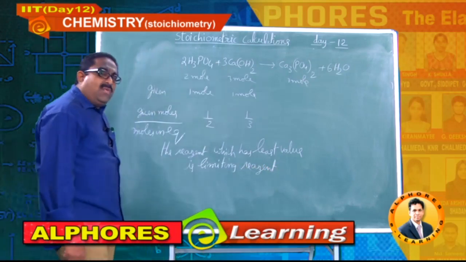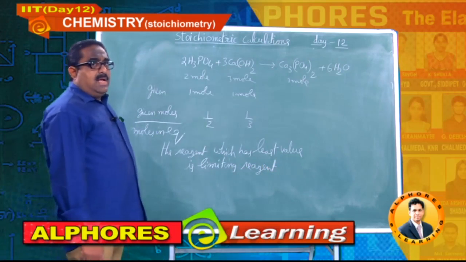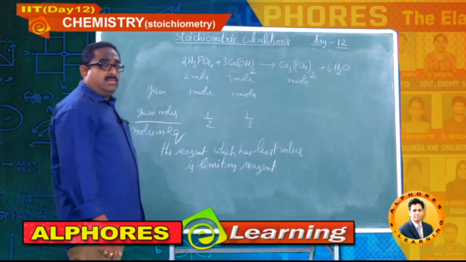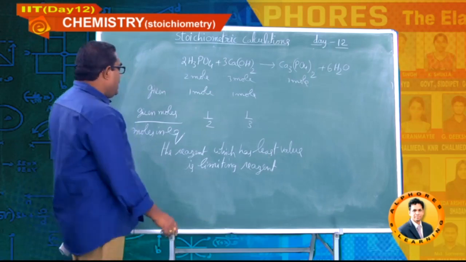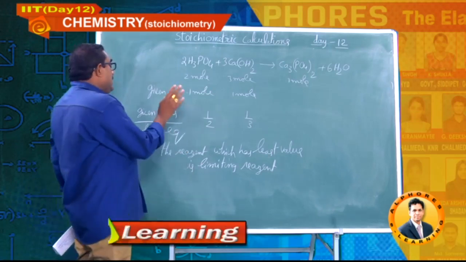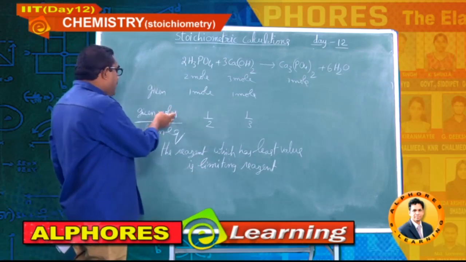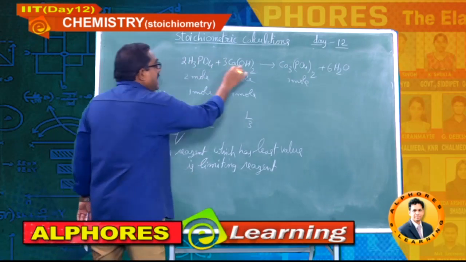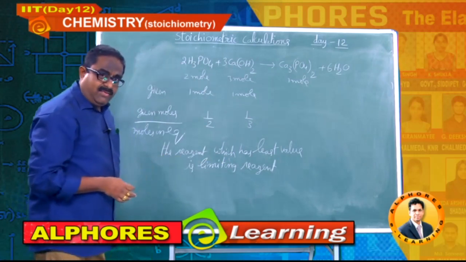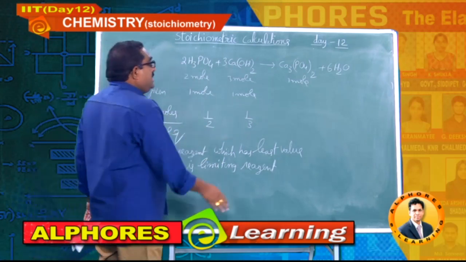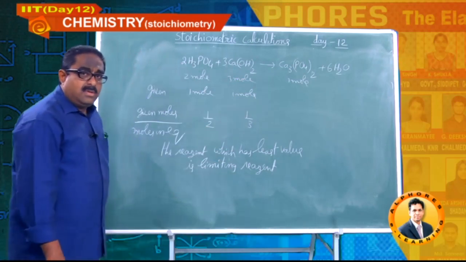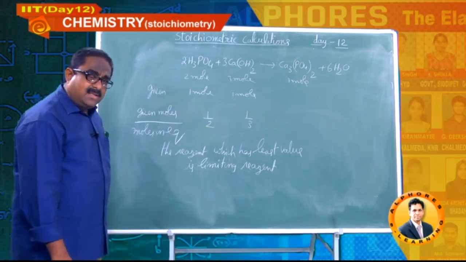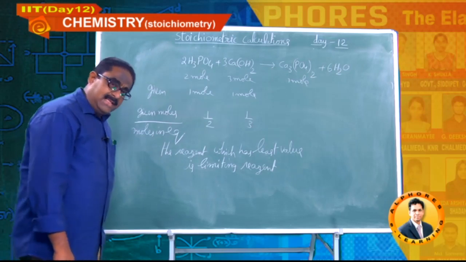So this is the way that you can find out the limiting reagent directly, by dividing given moles with moles in the equation. For whichever reagent you get the least value, you should select that as the limiting reagent.